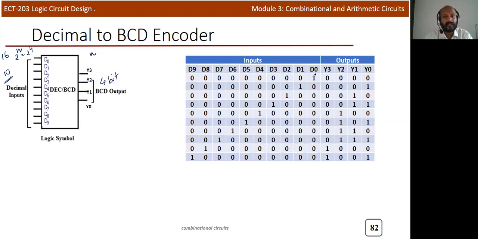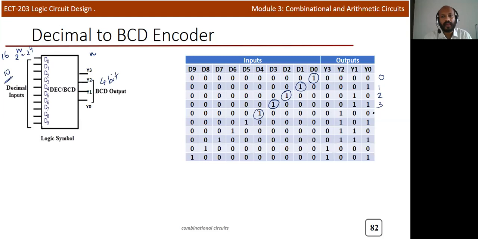For example, if D0 is equal to 1, the output lines Y3, Y2, Y1, Y0 will be 0, 0, 0, 0. Okay, and when D1 is equal to 1, you'll get the binary equivalent of 1 here. So this is the binary equivalent of 0 in the first case. When D2 is equal to 1, you will get the binary equivalent of 2. When D3 is equal to 1, you will get the binary equivalent of 3.